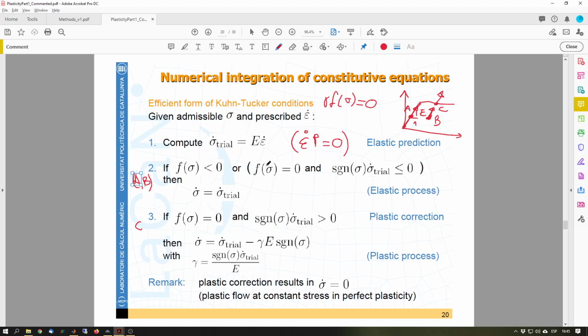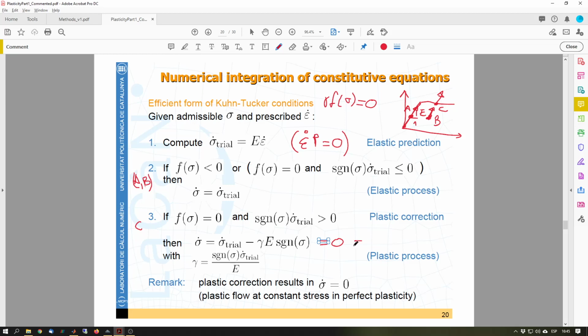It cannot be that my stresses are going to increase. So the total stress rate should be equal to 0, because I'm at the boundary, and then at that point my f of sigma, also f dot, should be equal to 0.